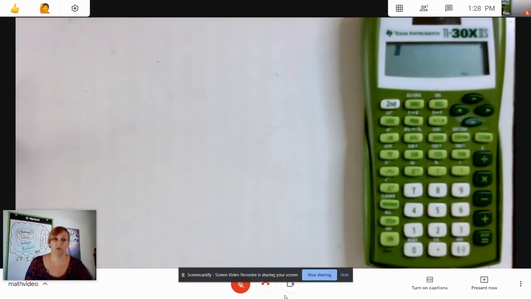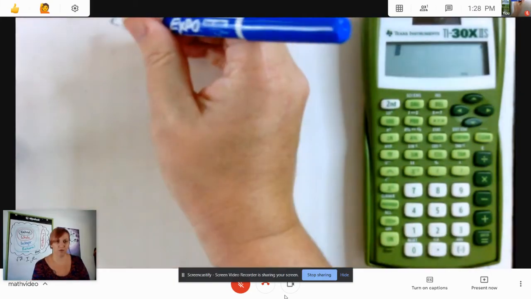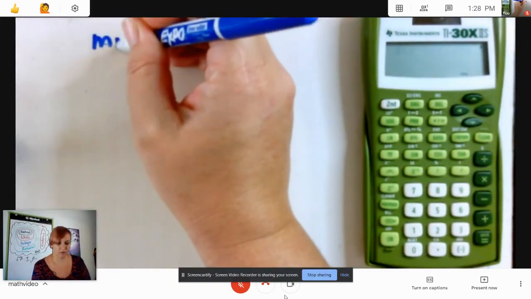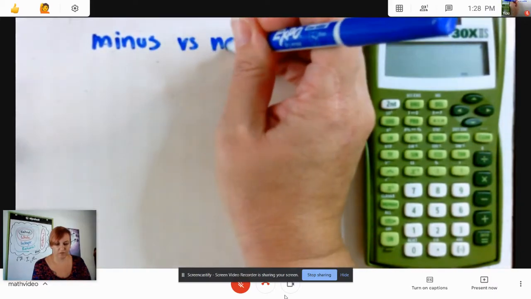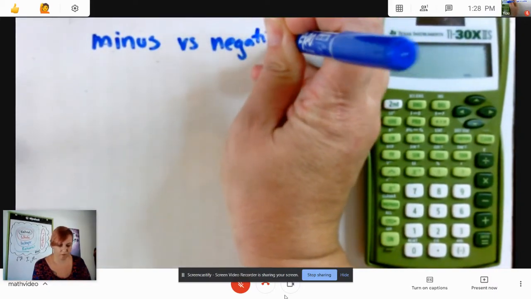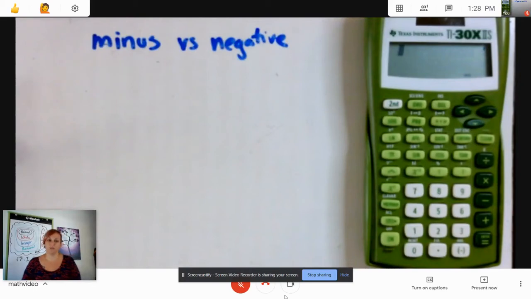The first thing I want to talk to you about is minus versus negatives. A lot of times we'll think that a minus sign and a negative sign are the same symbol, but your calculator does not think that.